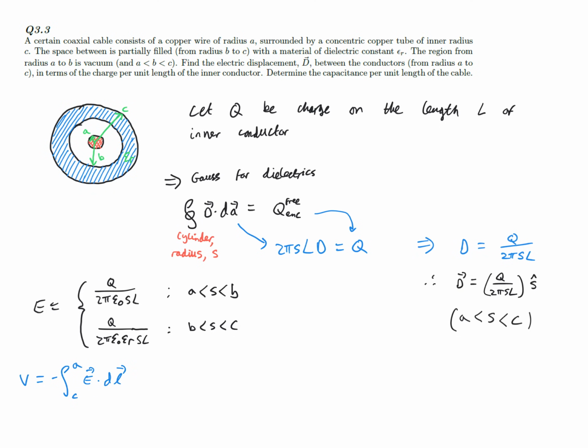From A to C, we can break this down into an integral from B to C, and I can write down the electric field expression from B to C. It's 2 pi epsilon naught epsilon r s l. And the path I'm going to choose, dl vector, is going to be along the radial path. That makes eminent good sense, so we're going to choose that one.